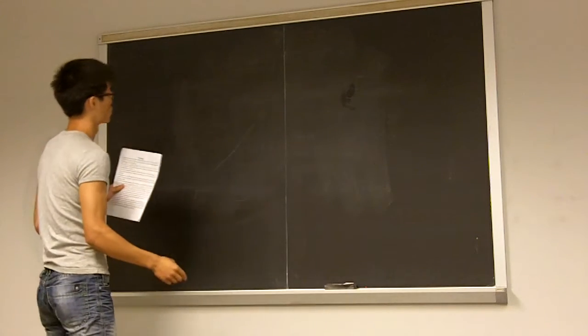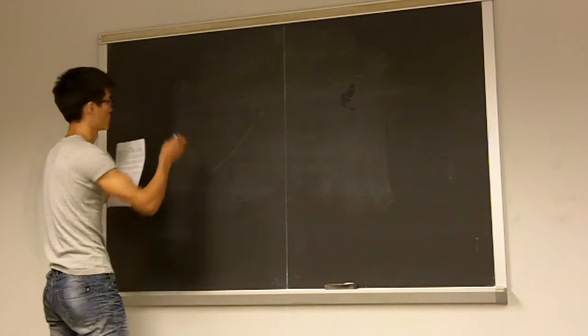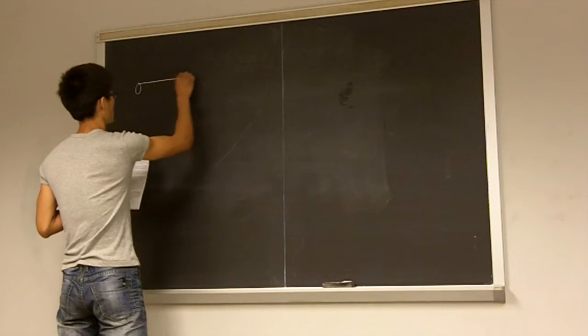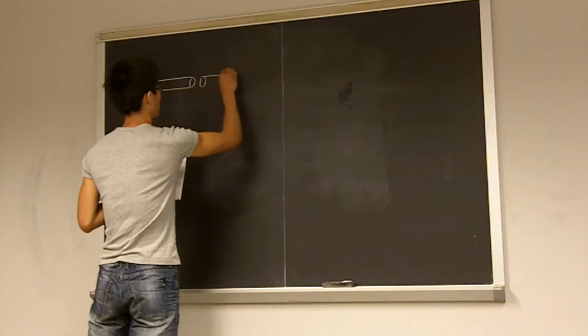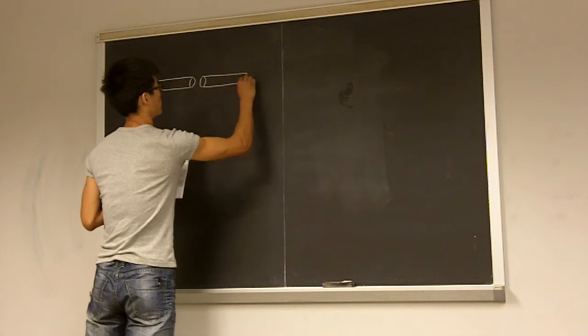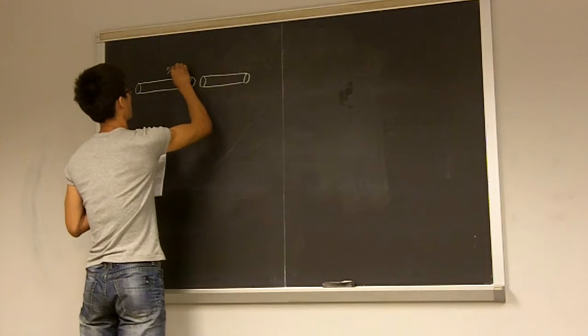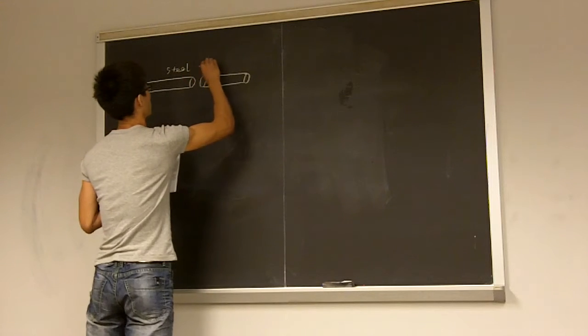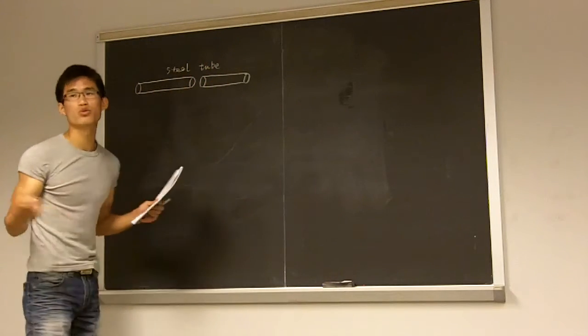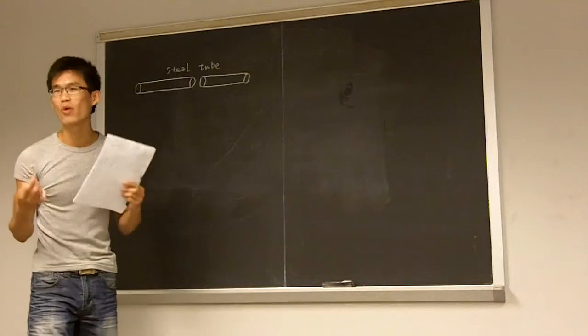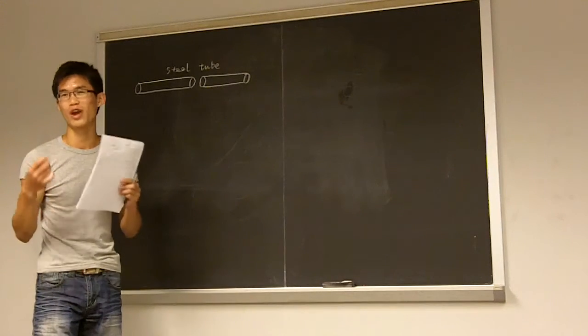Okay. Now there's a problem for us. If I have two steel tubes here like this, but both of them are too short, and now I need a long one. What should I do?